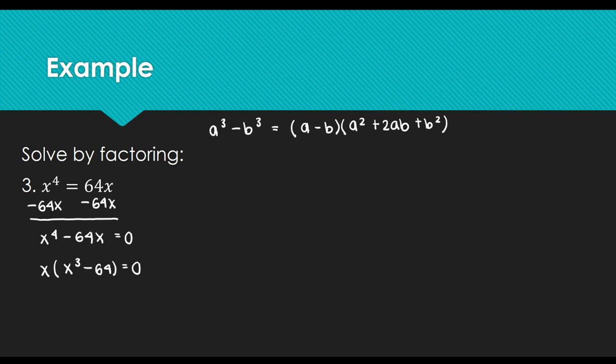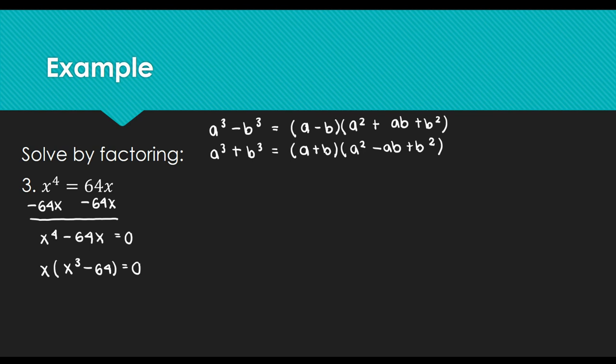I'm sorry, it's not 2ab, it's just ab. Then if I had a sum of 2 cubes, we would have a plus b times a squared minus ab plus b squared. So here are 2 different formulas if we have 2 different cube terms being either added or subtracted.